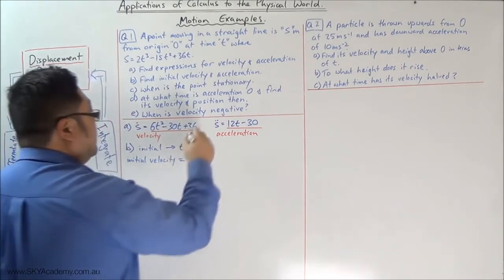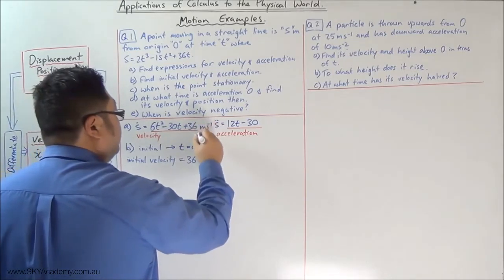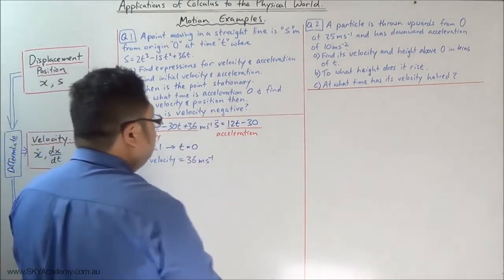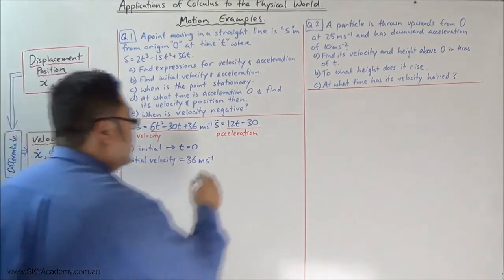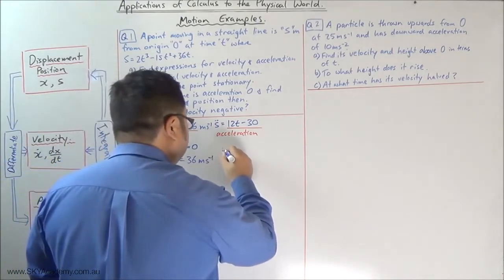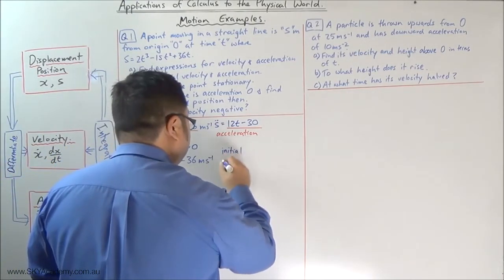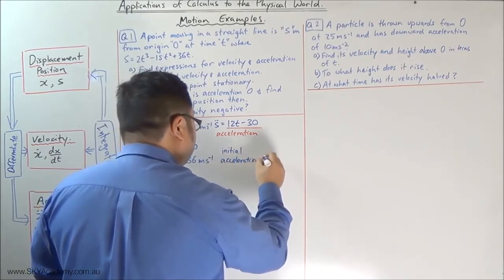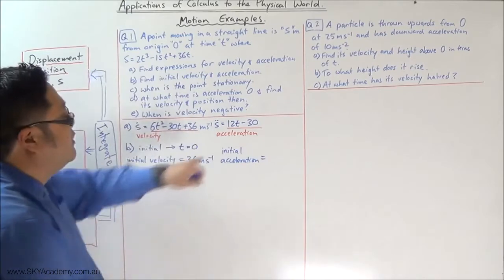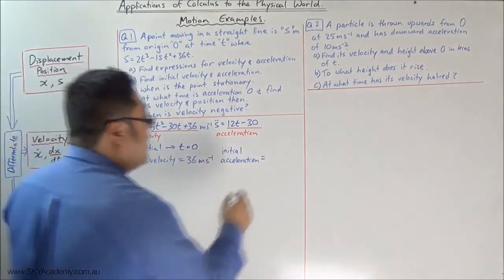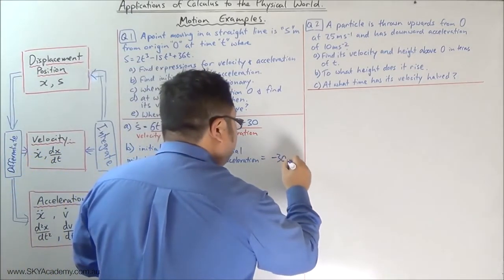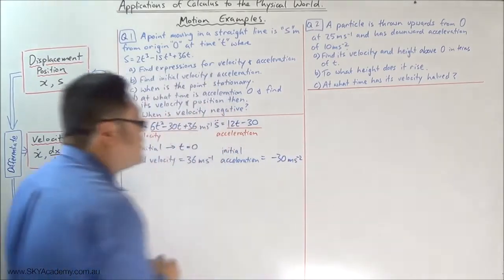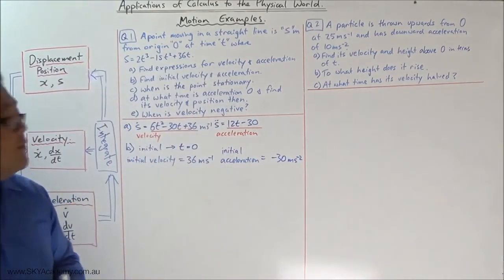This one's meters per second as well. And then initial acceleration is equal to, pop 0 into there, minus 30 meters per second squared. Does that make sense?